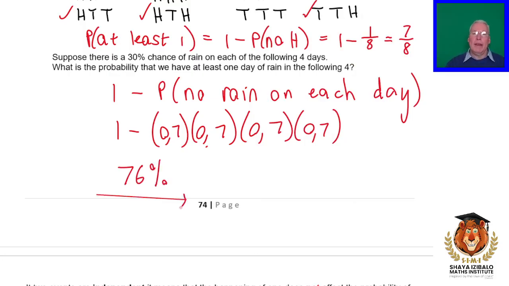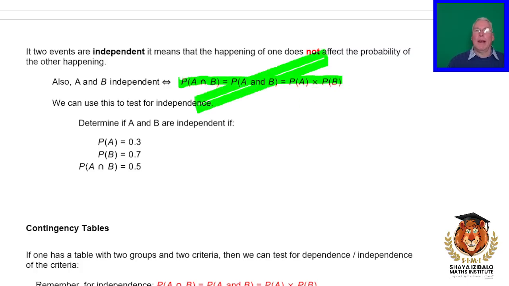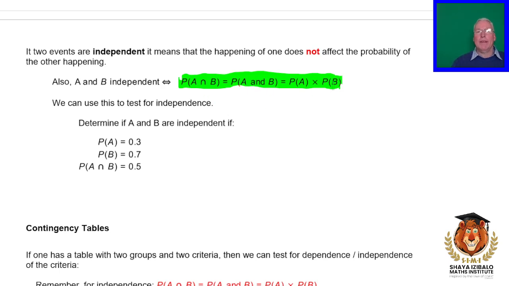Now we're getting on to a really big idea, which we've just spoken a little bit about. This is not given, it's not provided, but it's essential. Very, very important. If events are independent, then we can multiply the probabilities to find the probability that they both happen.